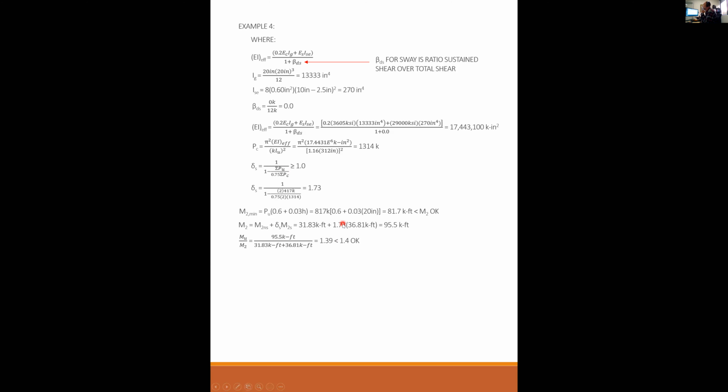So delta S 1.73 here does not need to be less than 1.4, but the total amplified moment, which we found to be 95.5, divided by the unamplified moment, which is the non-sway and sway components together, this has to be less than 1.4. And the same thing as the last one. If it's not, you got to fix it. You got to get it so that it's less than 1.4. 1.39, we just squeaked by.